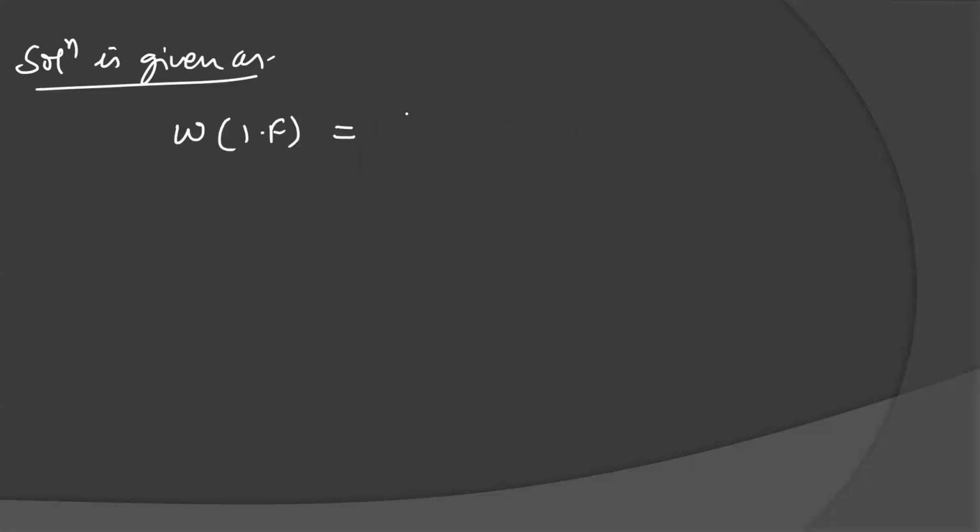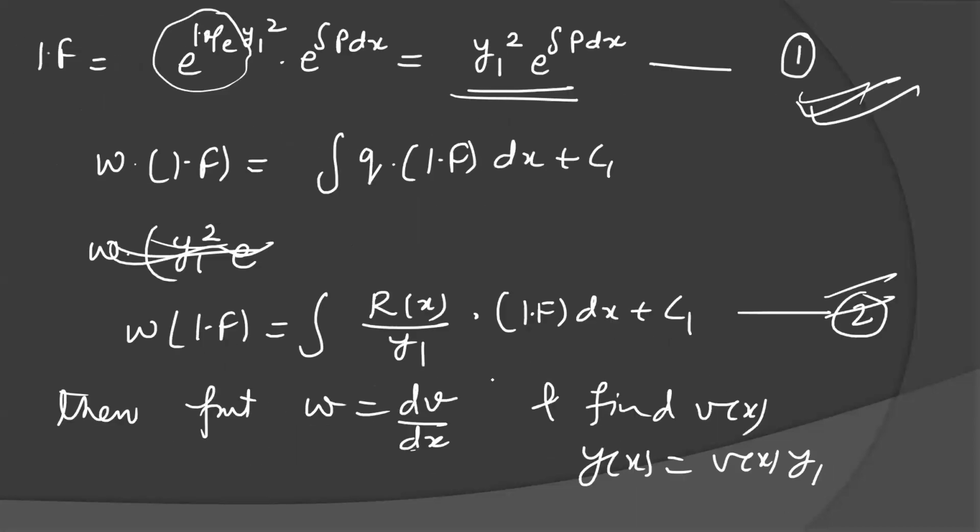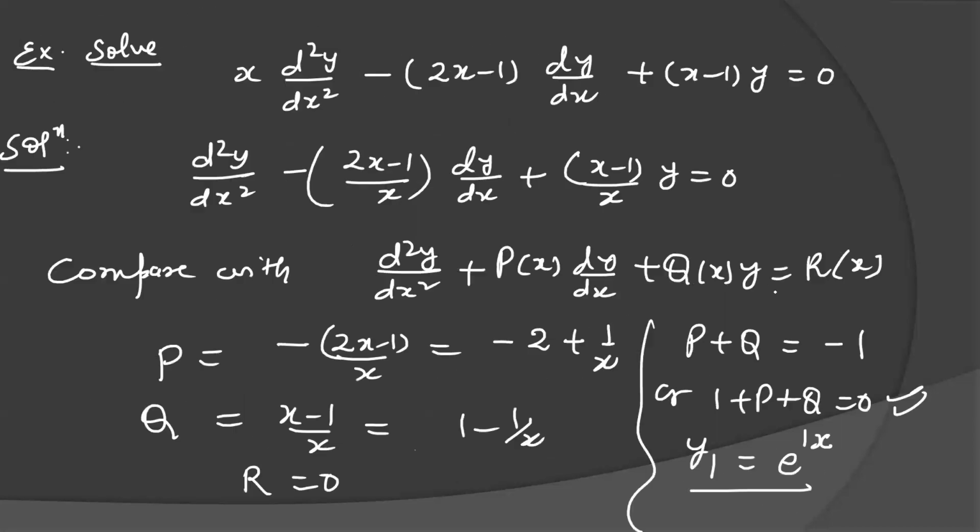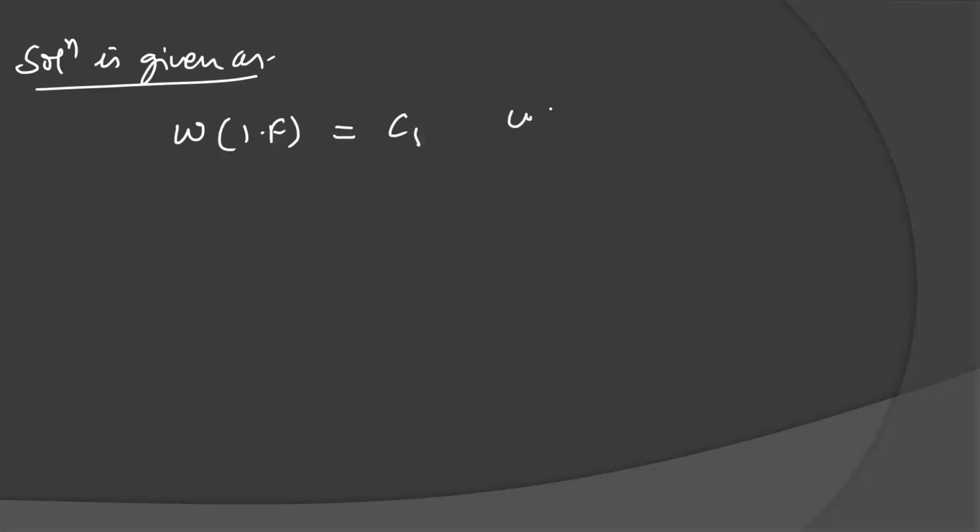Now your solution is given as w into integrating factor is equal to c1, because your r is 0 here. If r is 0, you can apply this result directly, where you can write in the exam w is equal to dv by dx. So put the value.